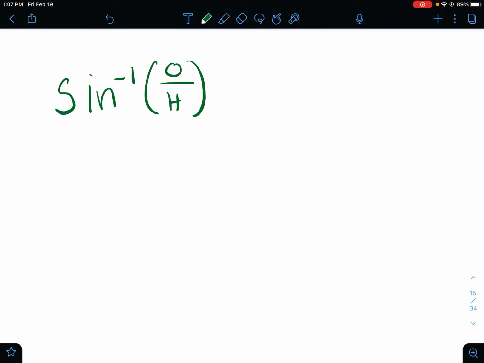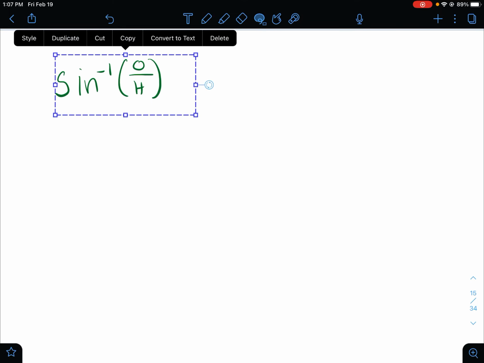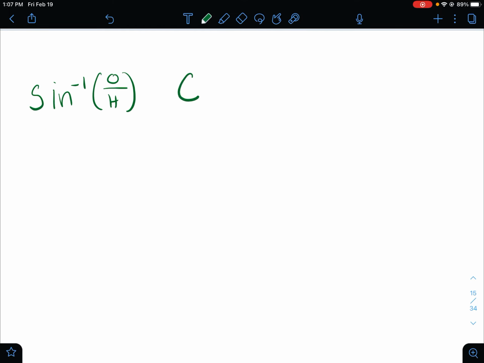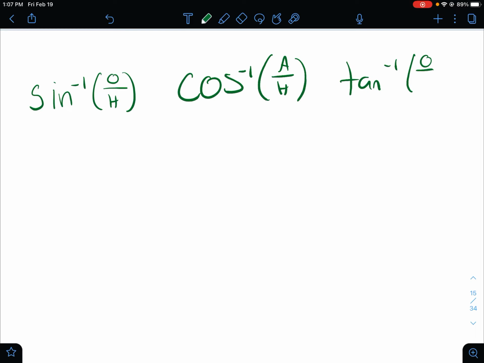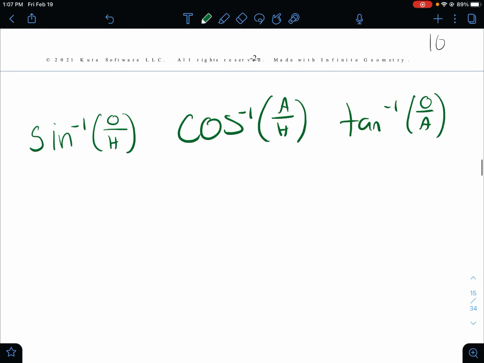You have sine inverse, cosine inverse, and tangent inverse. It still follows that SOHCAHTOA, but because we're solving for an angle, we're going to need to use the inverse function. So let's try that out here.